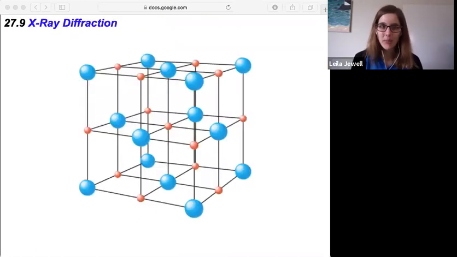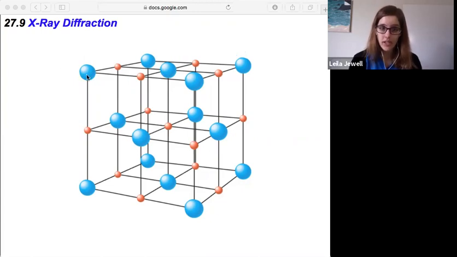Another awesome application, 27.9, X-ray diffraction. So we can study the crystal structure of atoms at the scale using X-rays, sending in X-ray light, which is a light wave, and seeing how it diffracts off of the surface, where there's constructive or destructive interference to understand the pattern.